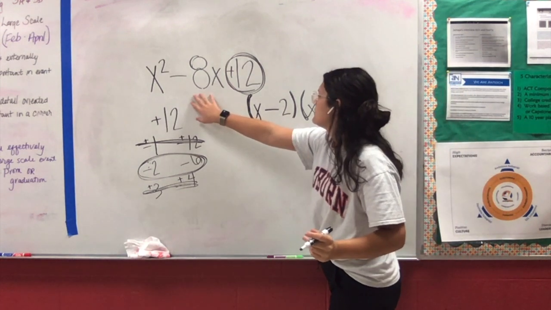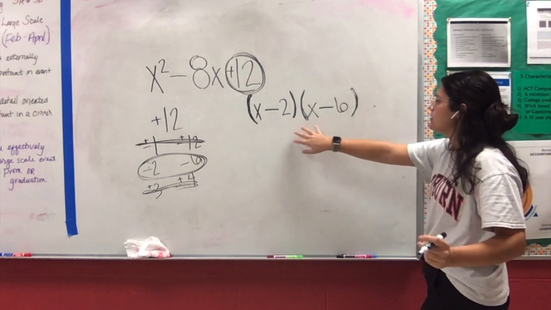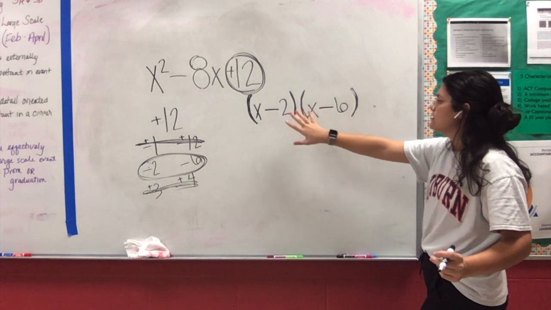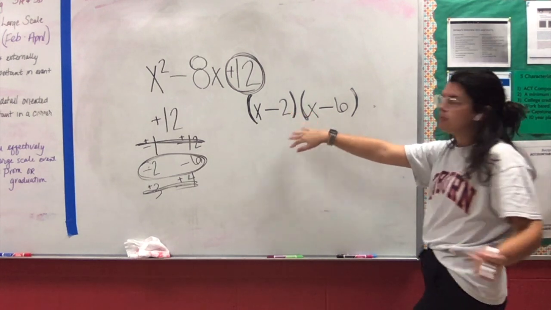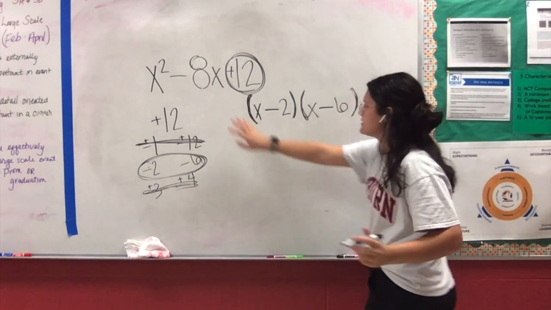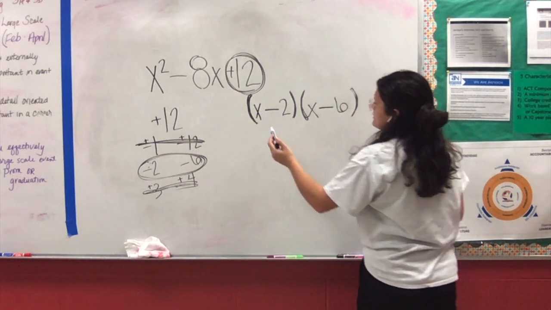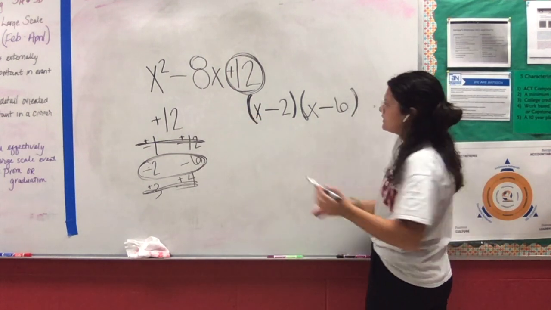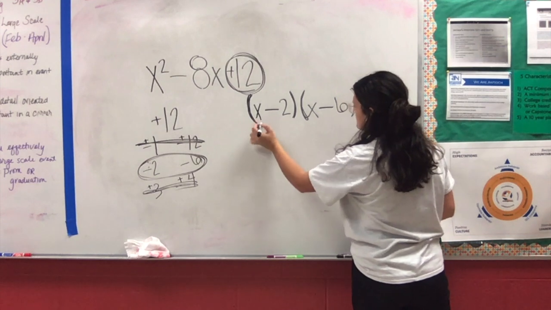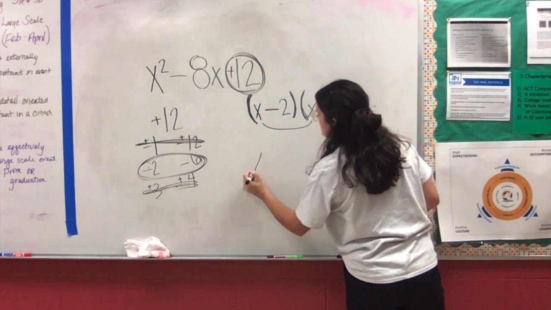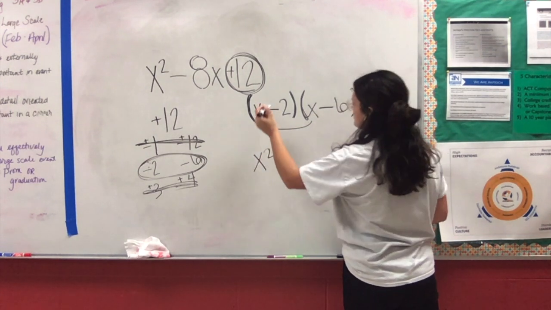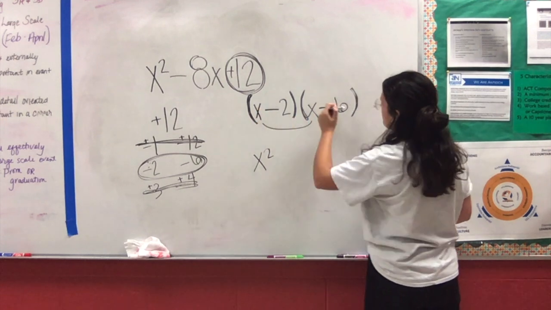If we multiplied them together, we would get this equation. So let's do FOIL just to check and see if we have everything right. So x times x, x squared. We do our firsts, then we do our outers.